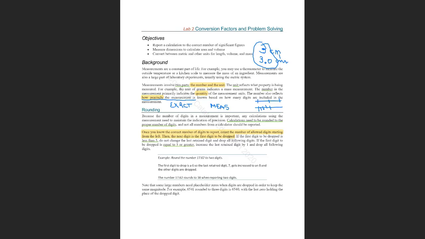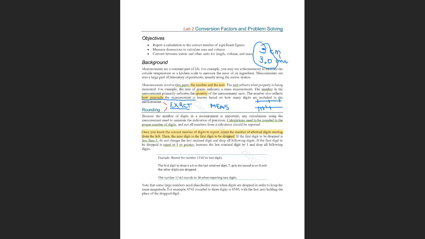We cannot make an exact measurement. There is always uncertainty, and that's where all these experiments come into play: learning how many sig figs, what is the precision of the measurement, if I use an analytical balance or a top balance, what kind of instrument I use.